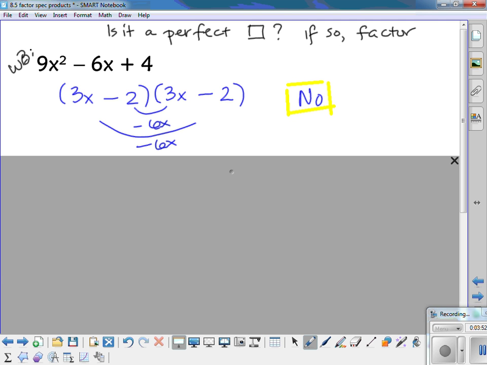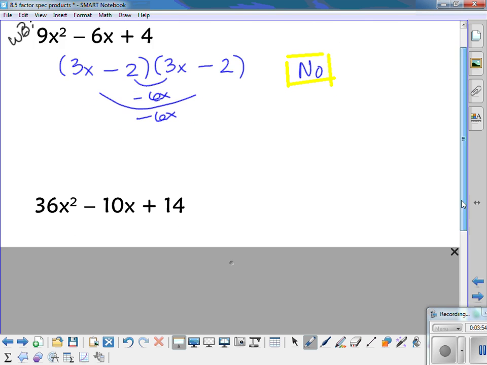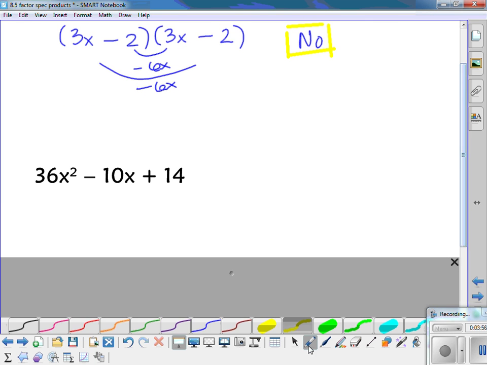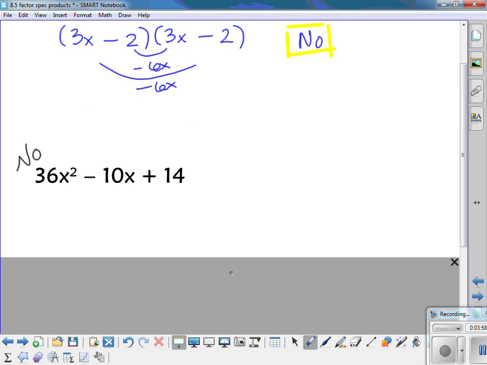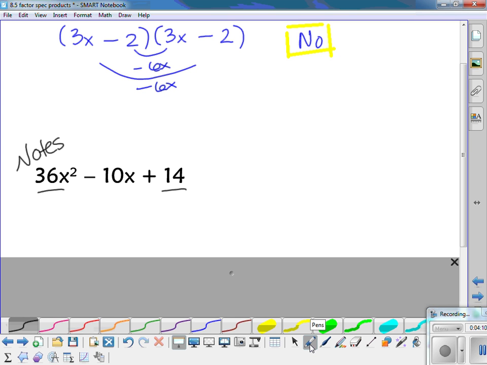Okay, this is for your notes. Now, right off the bat, if I look at my first and my last, the first one's a perfect square.